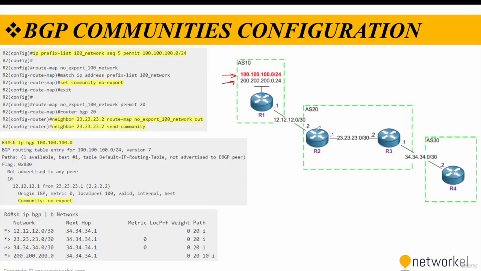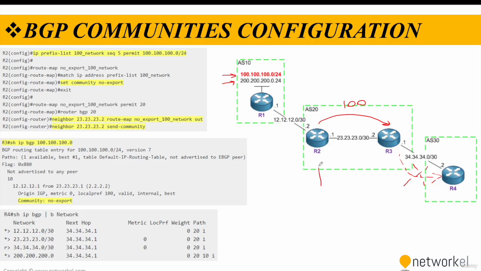When these routes are received on router 2, I want router 2 to advertise the 100 subnet, for example, to router 3, but I don't want router 3 to advertise this 100 subnet to router 4. How can I achieve it?